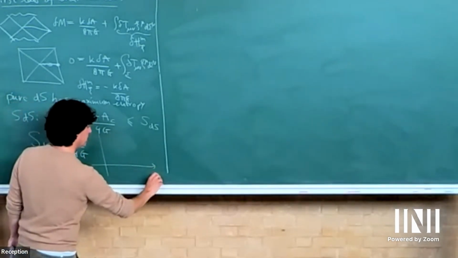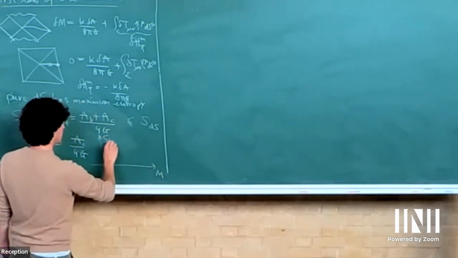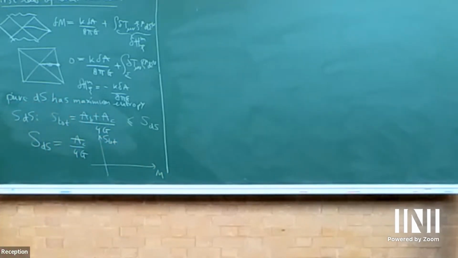So I can make a plot as a function of the mass for Schwarzschild de Sitter space.